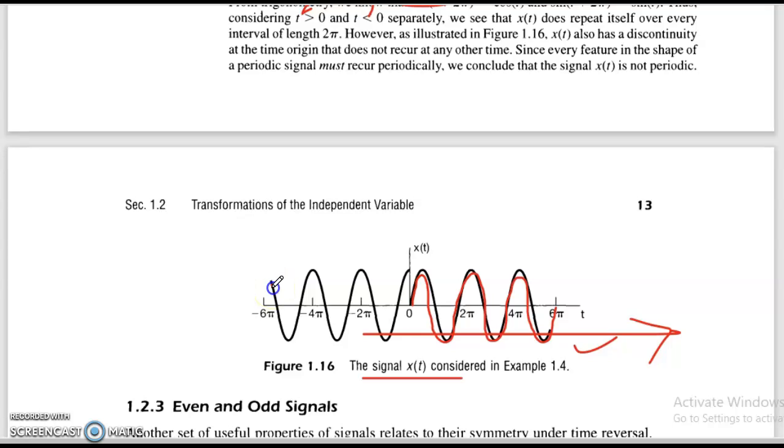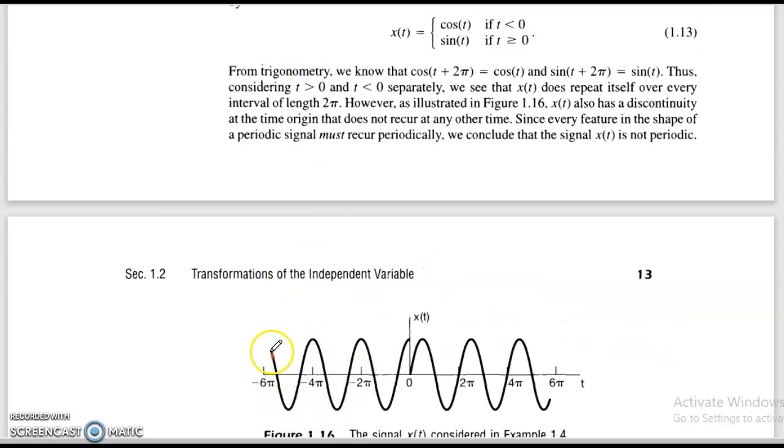We can check from here also. For example, if we take this one only, then it is the same here, then the same here. This period is 2 pi, but here where we have started and here where it ends, it is different.